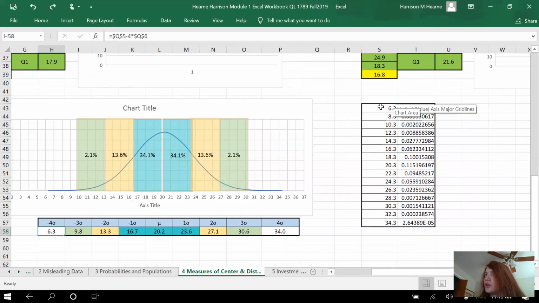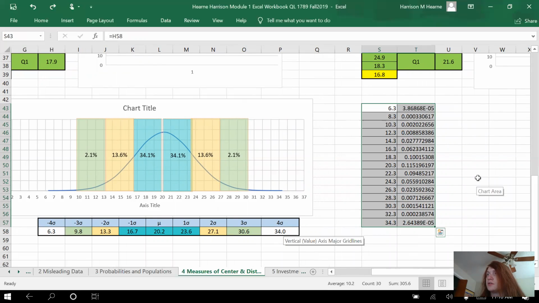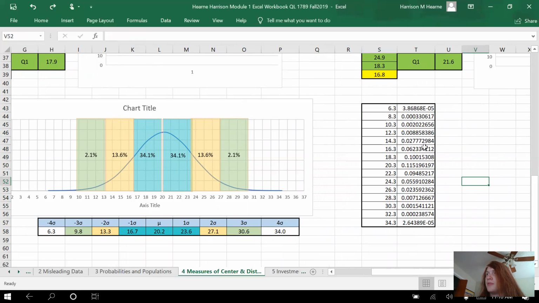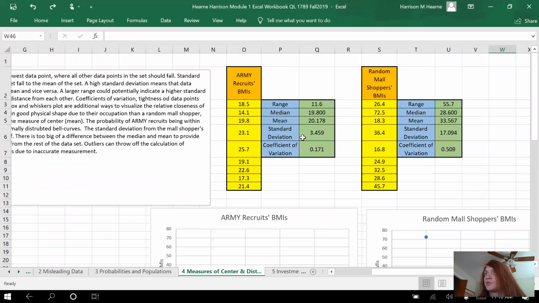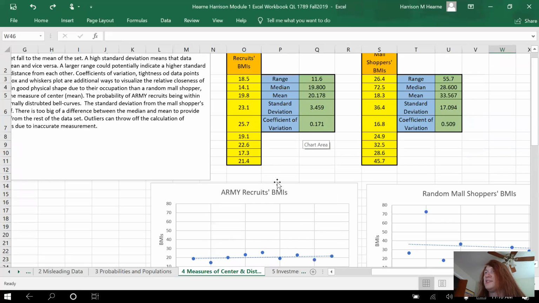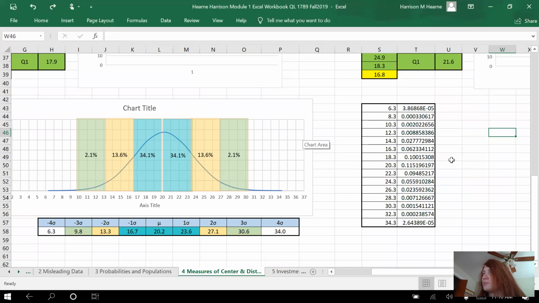And over here, this is a table of the percent chances that each one of these data entries could come up. So we know the median for this set, if we scroll back up and check again, remember, is 19.8. So if we look for 19.8, the closest one that we have is 20.3.